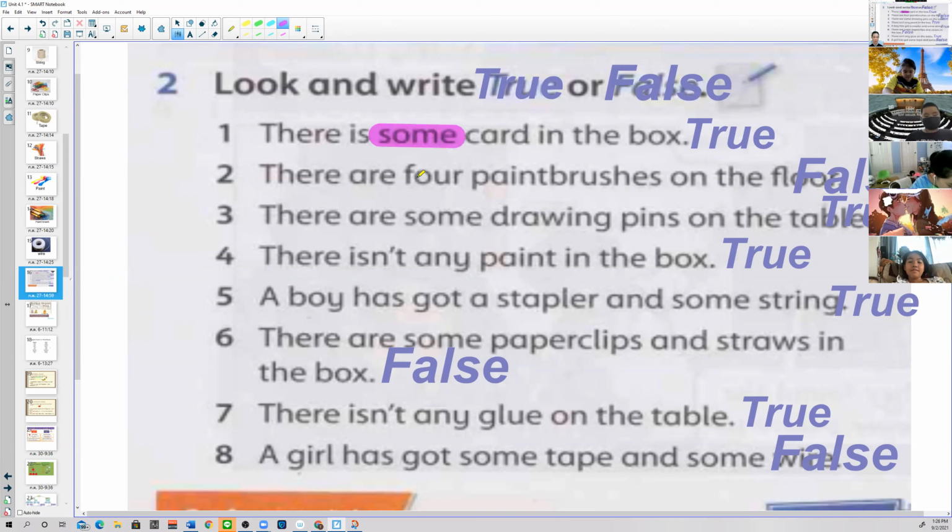Some, any, some, any, some. Along with the verb to be, which is are, isn't, has got.